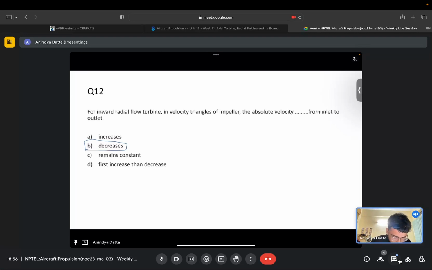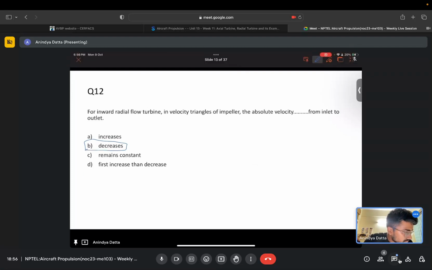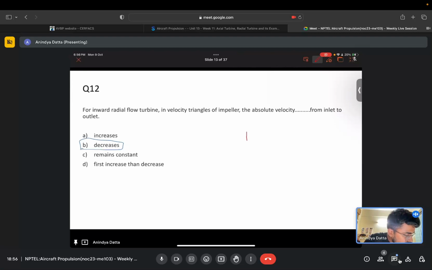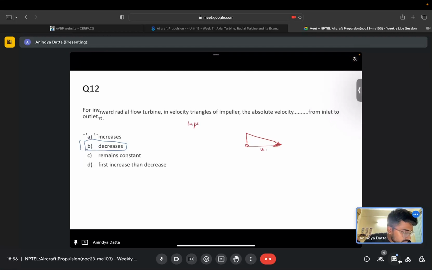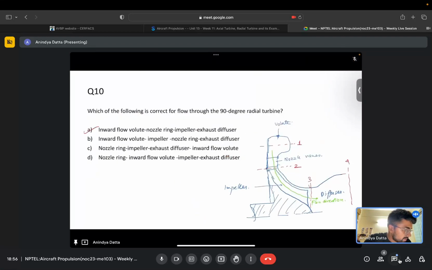You can also show this from the velocity triangle. This was the velocity triangle at impeller inlet. Let's get back to the notation that impeller inlet is station 2 and impeller outlet is station 3.